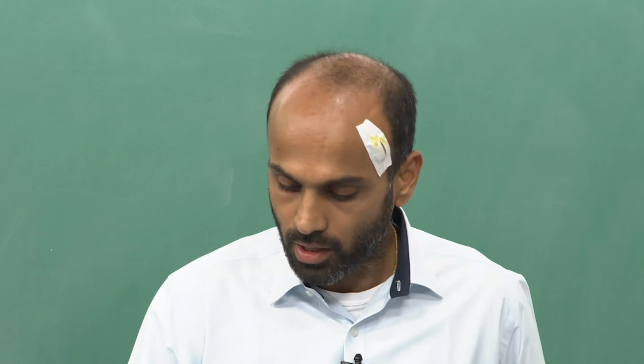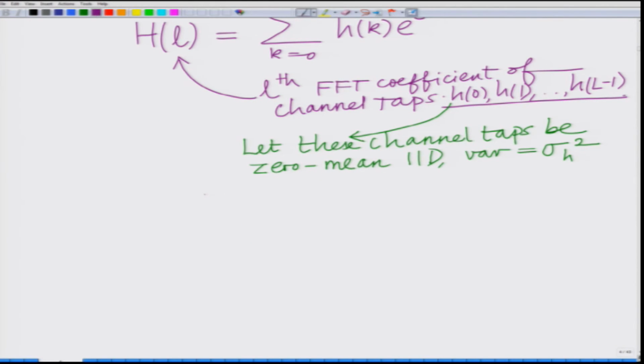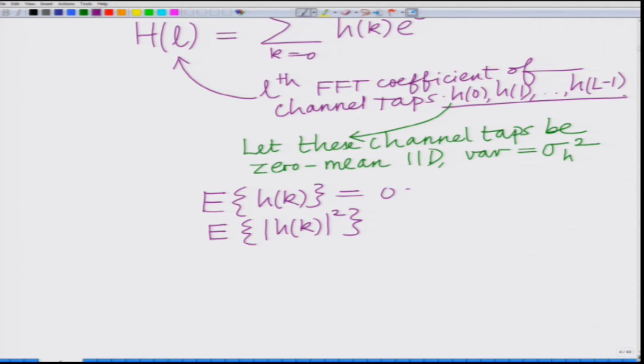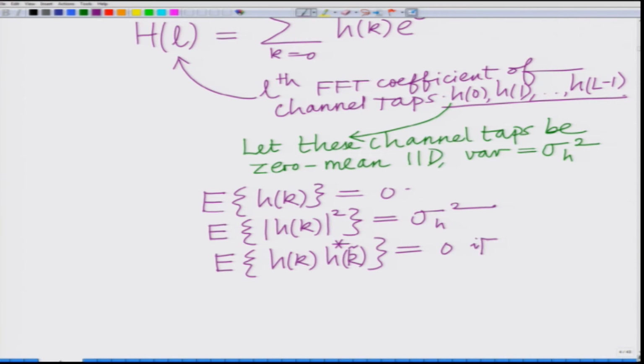So, we are assuming, for the channel taps, the small h's, expected hk equal to 0, expected magnitude hk square equal to sigma h square, and expected hk times h k tilde conjugate equal to 0, because they are independent, if k is not equal to k tilde.